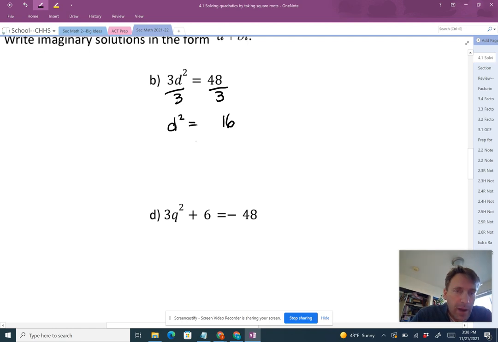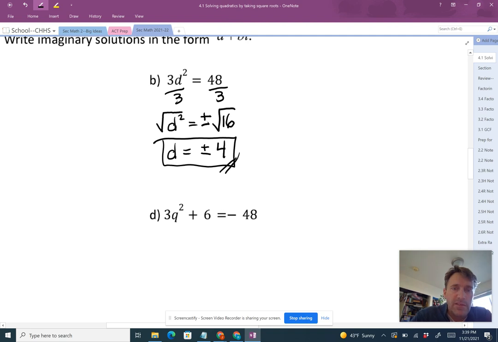And then we do the opposite of squaring, which is take the square root. Remember to add the plus or minus. d then is equal to plus or minus, and 16 is a perfect square, so the square root of 16 is 4. And that's the two solutions. Remember, this is two numbers, plus 4 and minus 4.